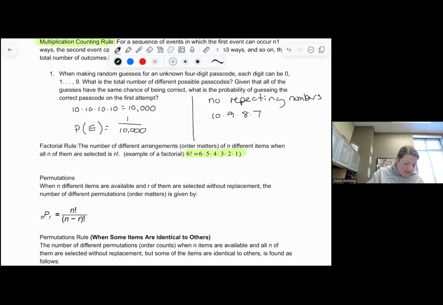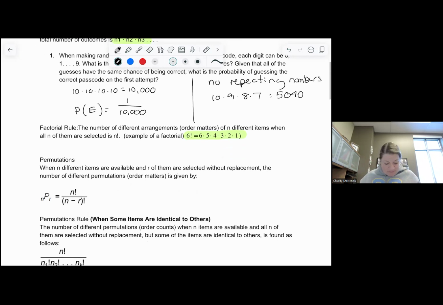So if we didn't repeat, it's 10 times 9 times 8 times 7, that's 540, or sorry, 5,040. Missed a 0. So you can see it's a lot fewer combinations if you don't have repeating, because you're cutting out different combinations that you could have. So be careful: a factorial goes all the way down to 1, whereas you could have a pattern that doesn't go all the way to 1.